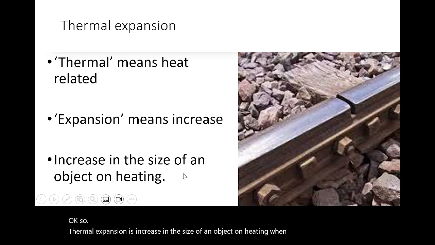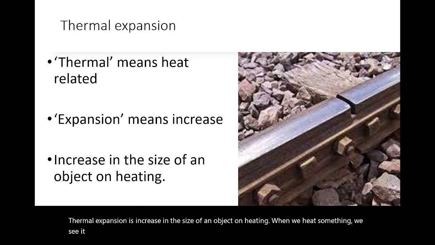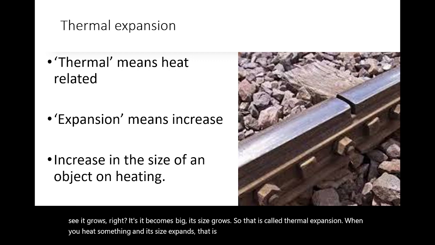When we heat something, we see it grows, right? It becomes big, its size grows. So that is called thermal expansion. When you heat something and its size expands, that is called thermal expansion.